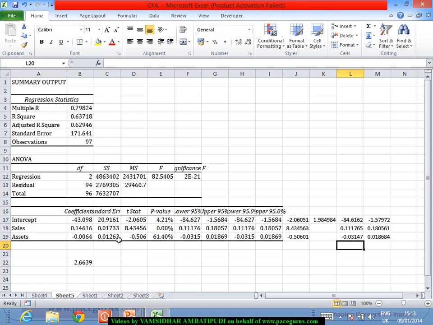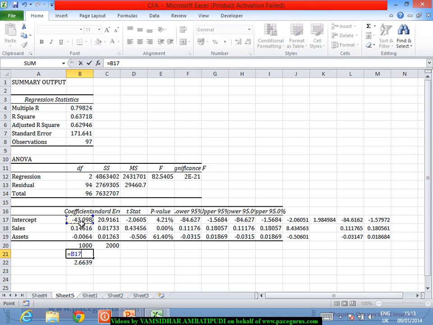And now assuming that both of them are statistically significant, if I have to predict the dependent variable from the set of independent variables for some kind of a value, let's say I want to say for a company which is having sales of 1000 and assets of 2000, what should be the expected profit?